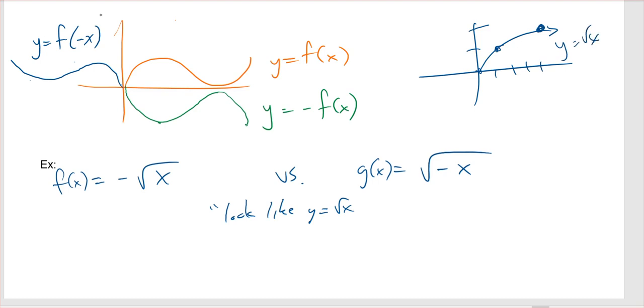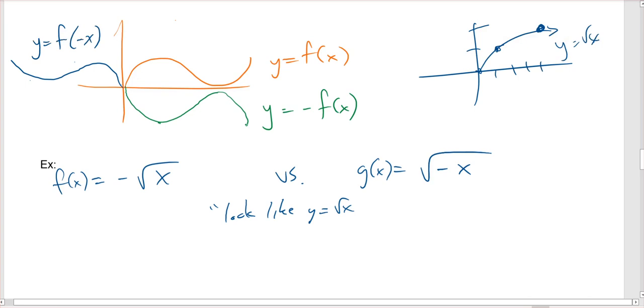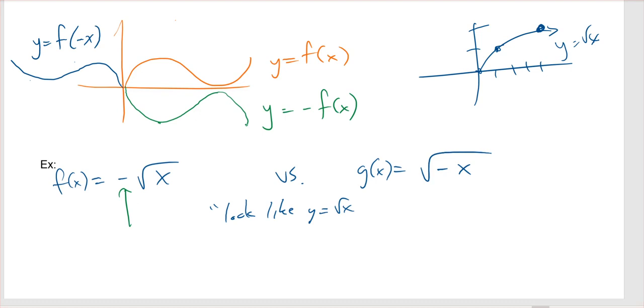Well, this guy here on the left, we are multiplying the whole function by a negative number. So this transformation here will be, if I make all of the function values negative, we're going to flip about the x-axis, right?